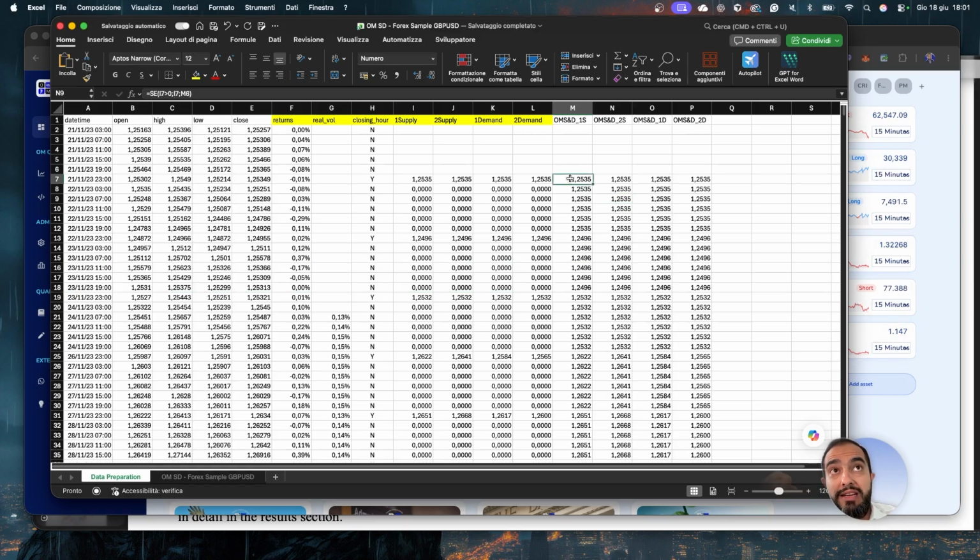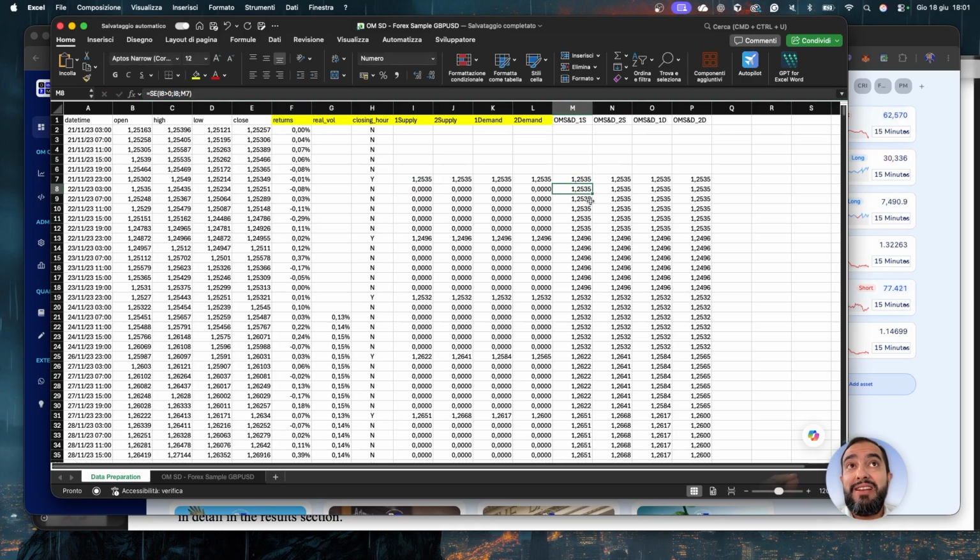How do I do that in Excel? It's quite simple. I take the reference cell that I want to repeat, that is the supply level, and then I check and say, look, if my supply is above zero, quite simple, then I get that number. Otherwise, I get the previous one.